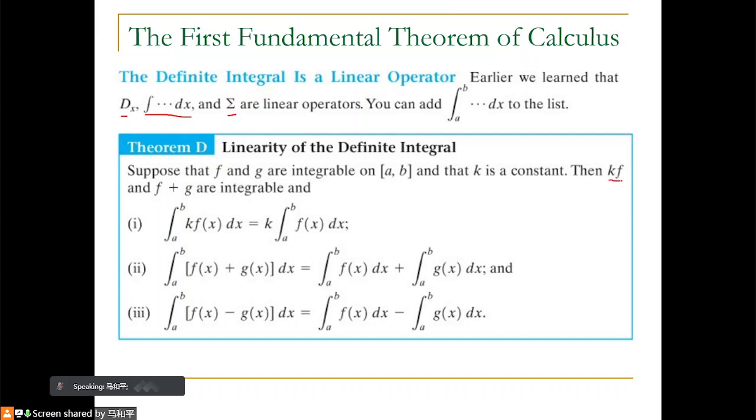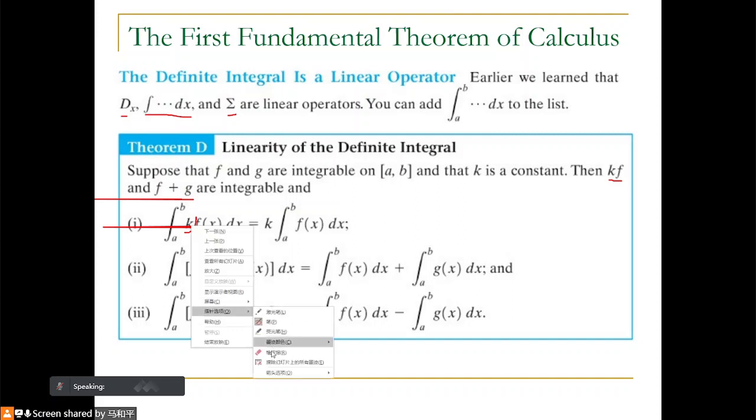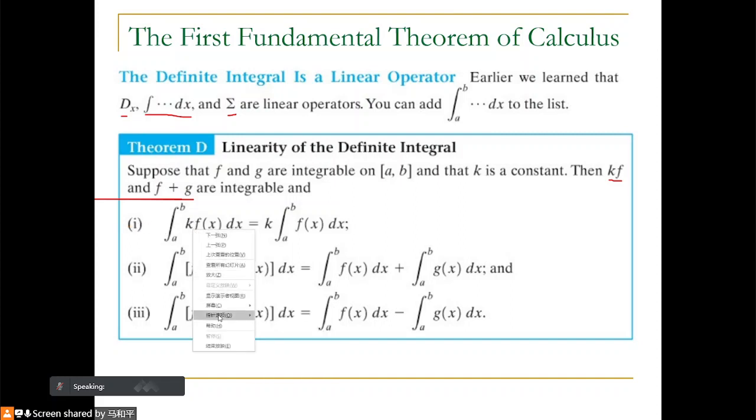So k times f and f plus g are integrable, and we have the first equality: the constant k times f(x), we can write k in front and then times this definite integral. Also, for the second and the third, we have the plus and the minus: the integral of the sum is equal to first calculating each definite integral and then adding.